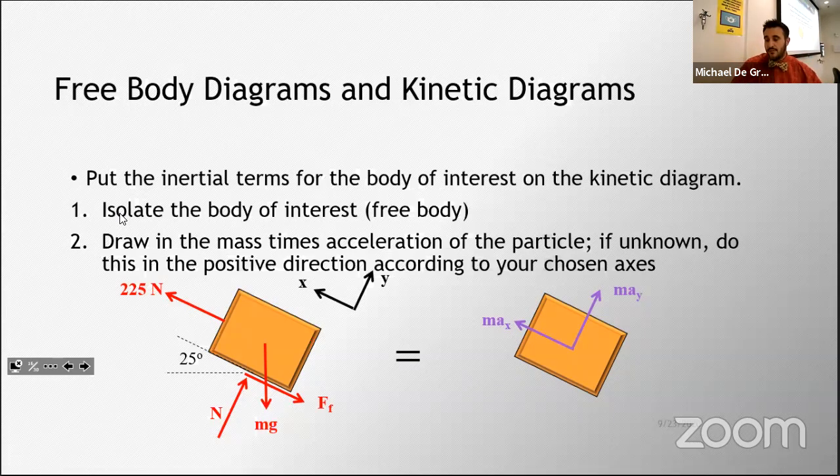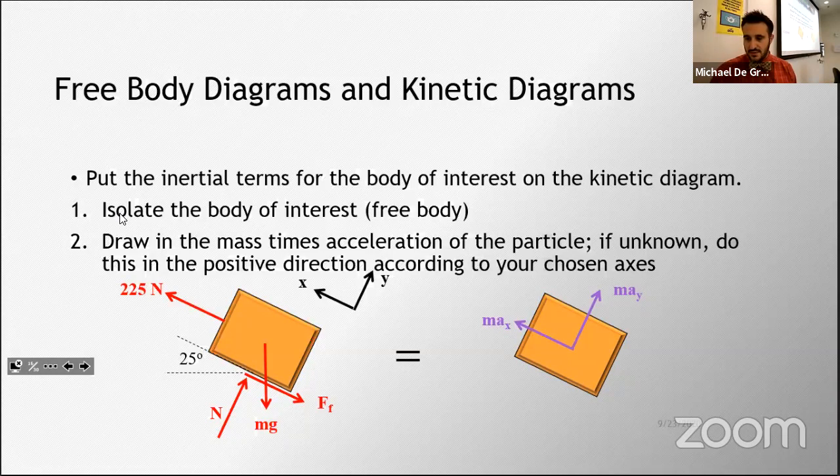But you'll see more often than not, I default to positive. Because here's the thing, your math's going to check it, right? So if it comes out negative, you know you have to flip the direction, right? That's all that means. When I say draw mass times acceleration, I mean it, right? You just draw an arrow in the direction, in the x direction as MAX and the y direction as MAY.